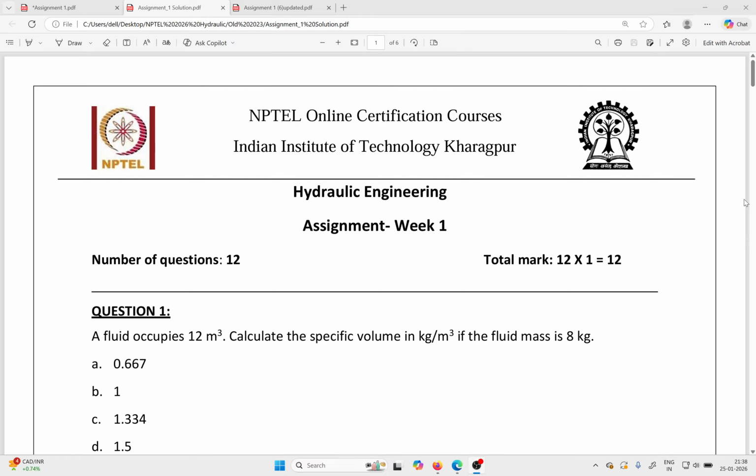So how will you calculate? Let us discuss. The unit is given here, which is very important, so from the unit you can calculate. The specific volume is nothing but 8 divided by 12.